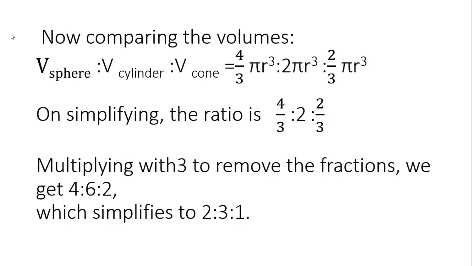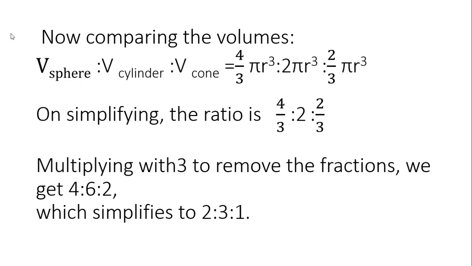Now we are comparing the volumes. In order to get the ratio, we just compare the volumes. Volume of the sphere is to volume of cylinder is to volume of cone. We have just derived them. Volume of the sphere is 4 by 3 pi r cube. Volume of the cylinder is 2 pi r cube. And volume of the cone is 2 by 3 pi r cube.